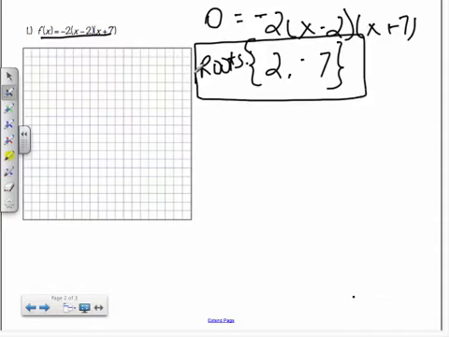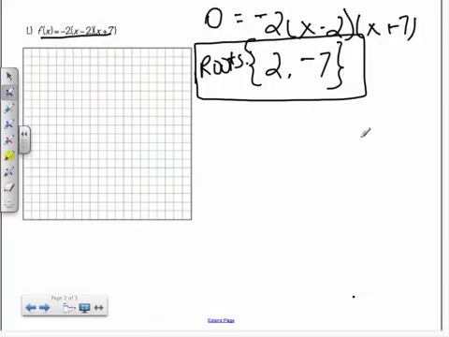Now remember that a quadratic equation is symmetrical, so I can find the axis of symmetry because it is exactly halfway between both of my roots. So what I'm going to do is take the average of my roots and use that to help me figure out what my axis of symmetry is.